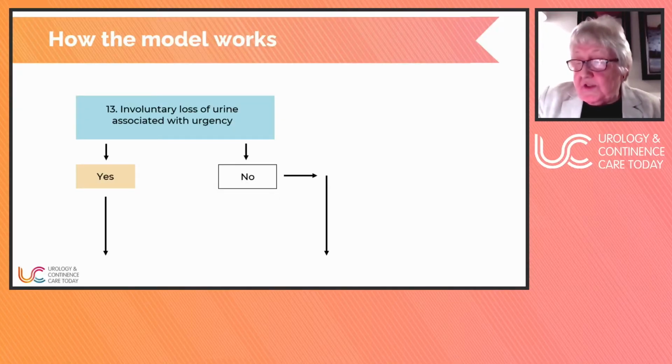So we need to ask if the patient experiences involuntary loss of urine associated with urgency. If the answer is yes, then the symptoms are most likely due to urgency incontinence. If no, we continue the assessment.